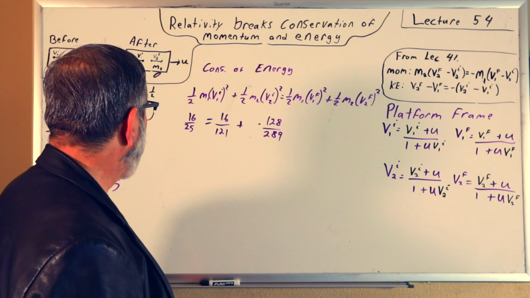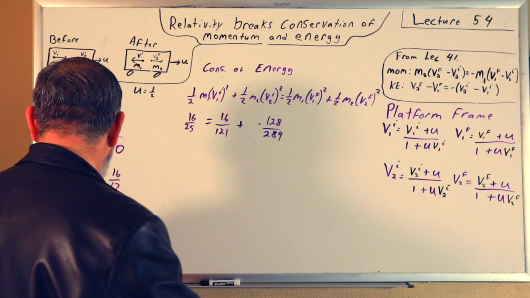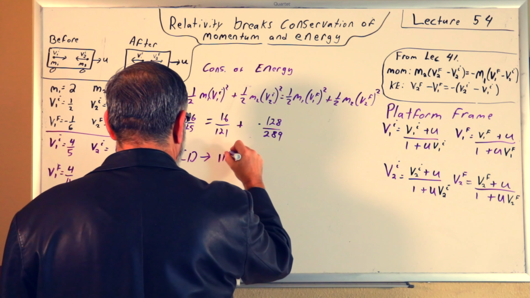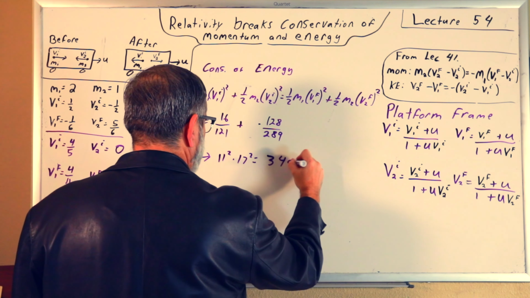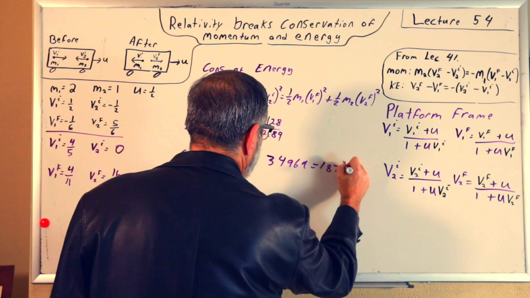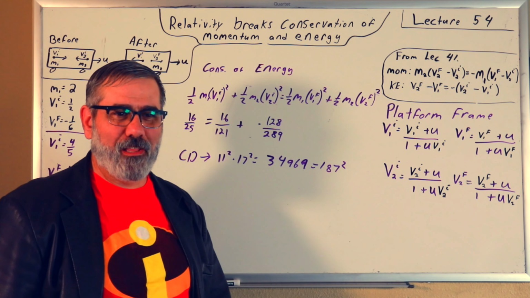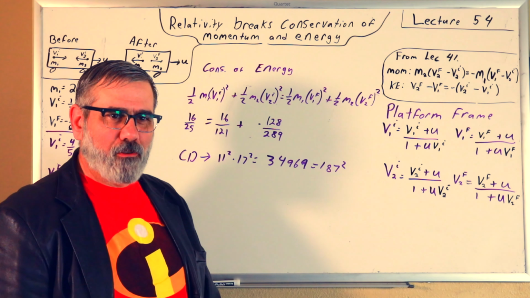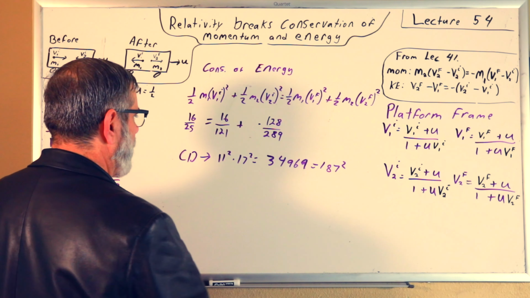Right? And now we need to find a common denominator between 11 squared and 17 squared. So 11 squared times 17 squared is going to be 34,969, which is 187 squared. If you can see that that's 187 squared, then your mental math is pretty good. We'll write it like this because it's easier to write that way.